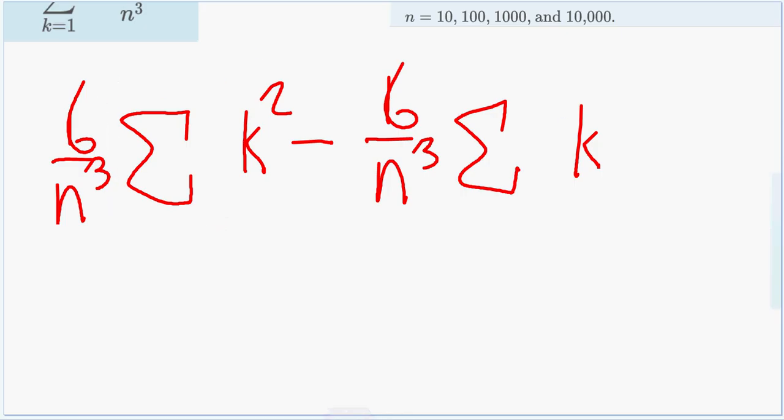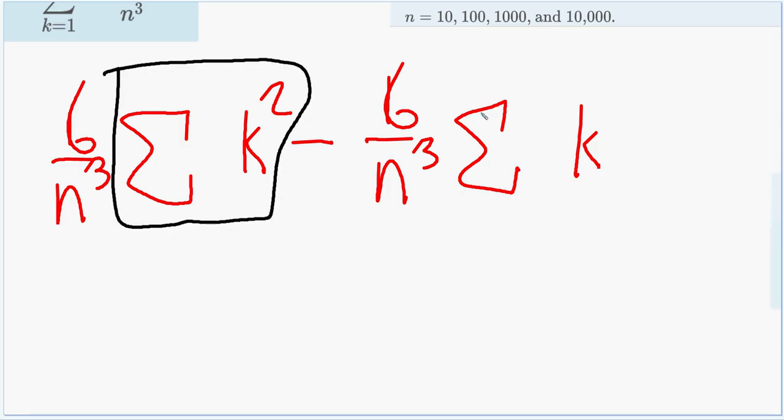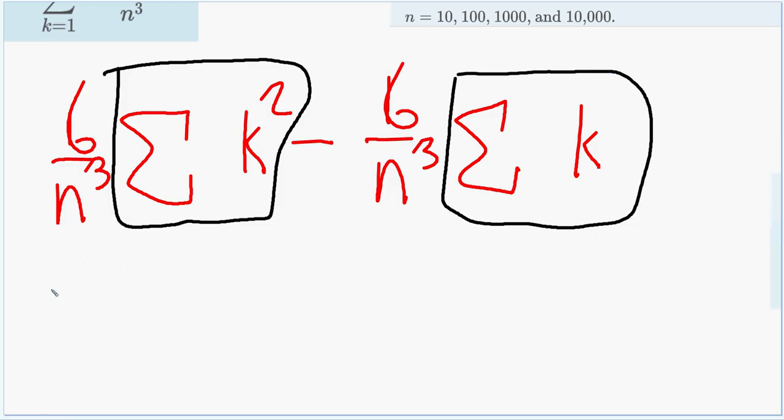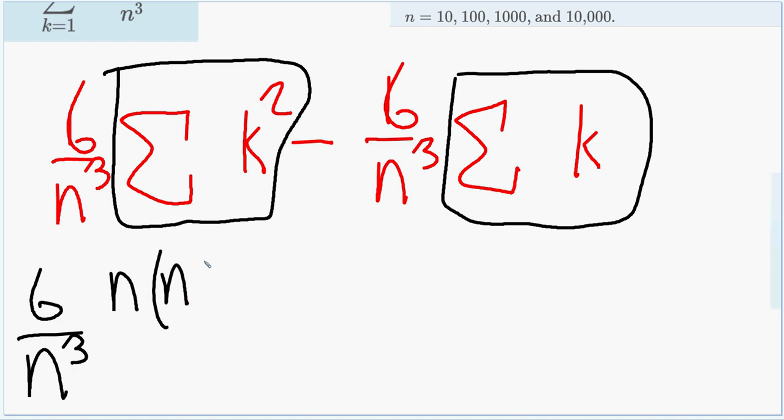There we go. So now we've got a summation of k squared. Let me use a different color. We have a summation of k squared. We have a formula for that. And we have a summation of k. We also have a formula for that. So in our first term, we have 6 over n cubed. And now the summation of k squared, we can replace with n times n plus 1 times 2n plus 1.